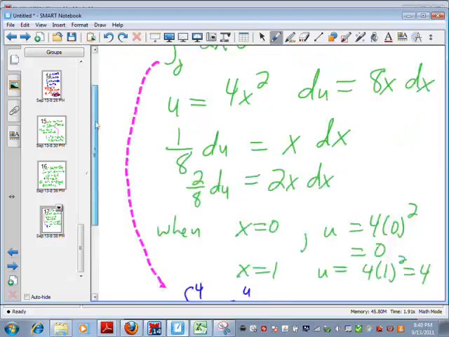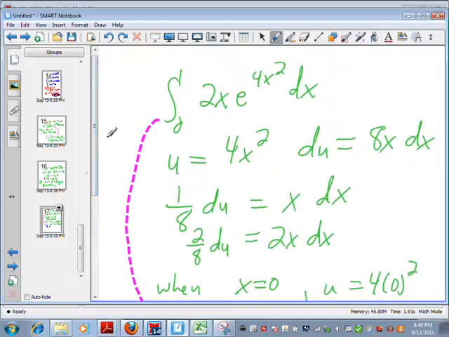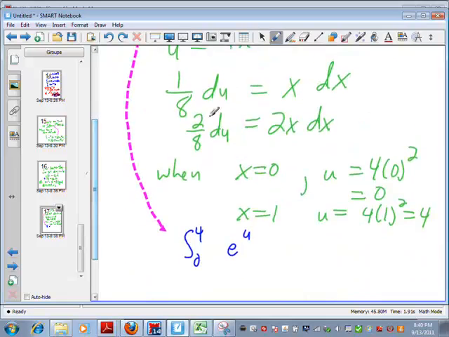What about the 1/4? Then 2x dx is 1/4 du. That's the whole point of doing substitution, to come down to this point where you're just like, oh, this is trivial.